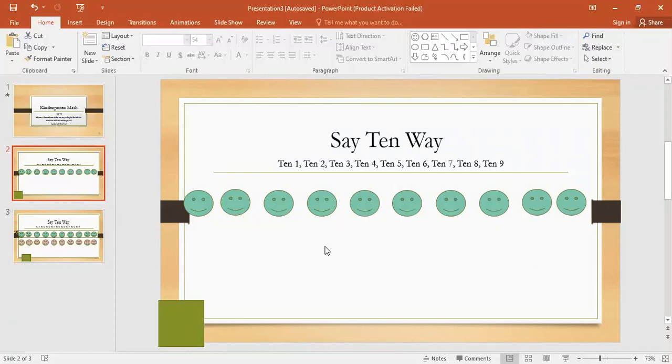Okay, so when we do the Say 10 way, we will always have 10 objects first. So there will always be 10 objects. In this case, 10 smiley faces. So what we're going to do is we are going to count to 20 smiley faces the Say 10 way.